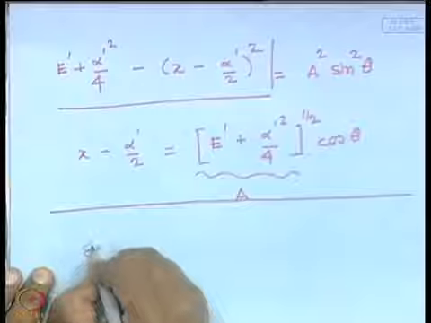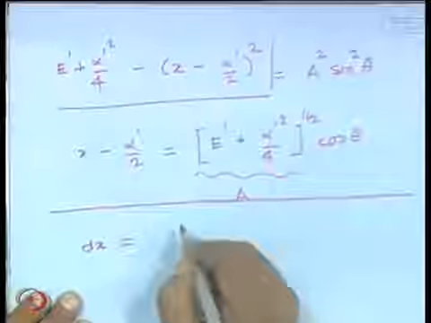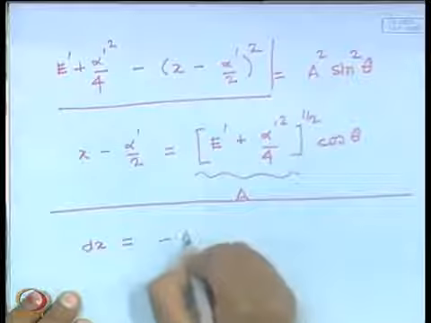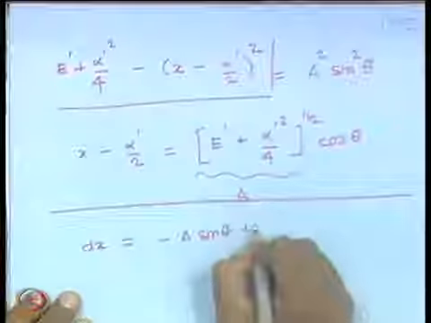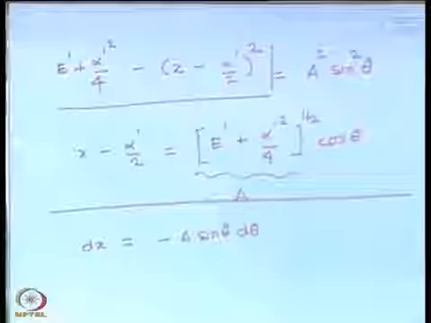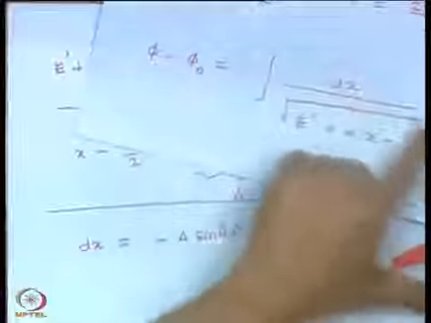And dx is minus A sin theta d theta. So, now we can go back to this integral. phi minus phi naught is equal to the integral, where dx will be minus A sin theta d theta, and the whole term in the denominator will become A sin theta.